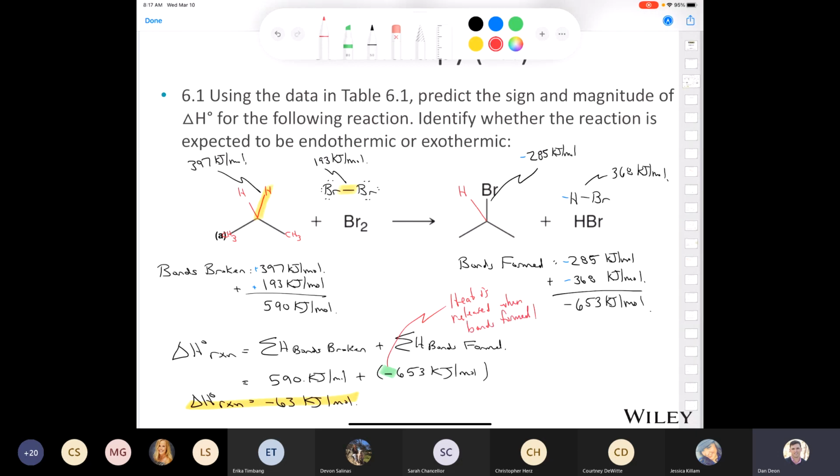Give me a thumbs up if you follow me on that concept, and that if I gave you the table of values, you could calculate a delta H for a reaction. Just want to be sure that you understand that when you break a bond, you've got to put energy in, so that's a positive value. When bonds form, energy is released, and so we have a negative value.